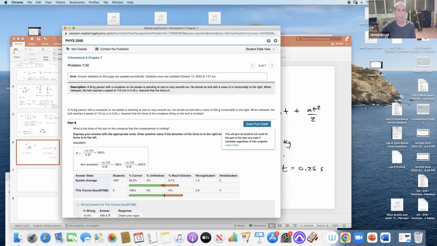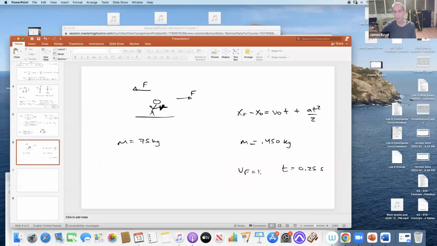V final is 110 meters per second, time is 0.25, and V initial was 0. So we don't have X, and the only equation that doesn't have X is V final equals V initial plus AT. And this goes away. So we can find the acceleration, and then we can find the force.